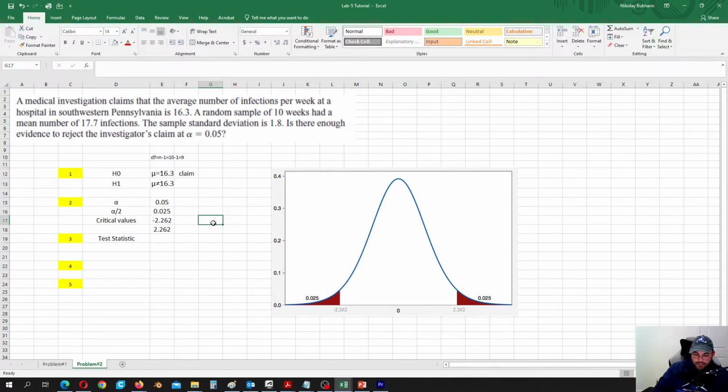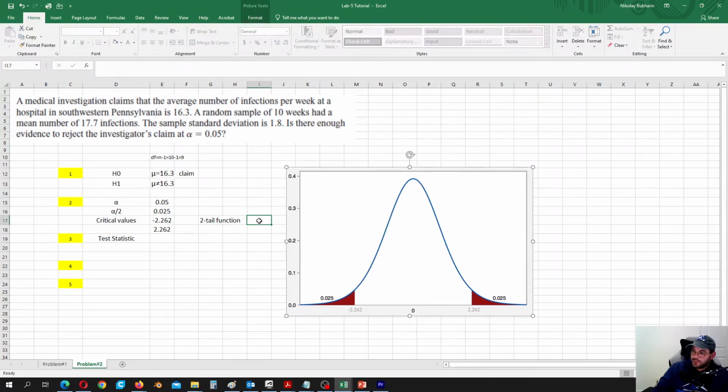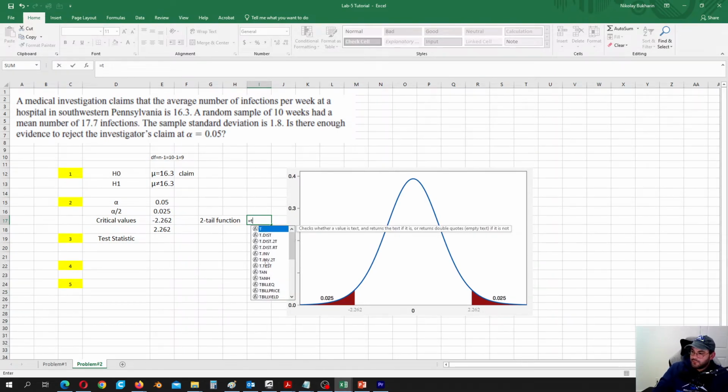Also, we can do it with the two-tail function as an option: t distribution inverted two-tail. A quite common mistake is to put 0.025 here. Some people are using the two-tail function, but for some reason they're taking alpha over 2.